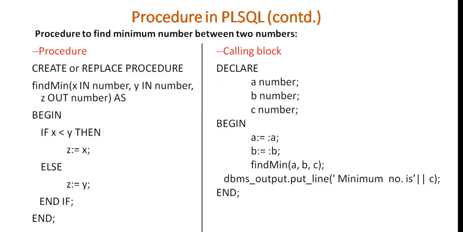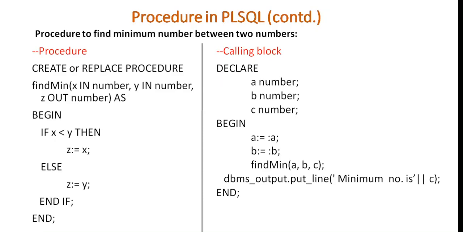End of block. Whenever we first execute this particular block, whenever the name of the procedure is encountered inside the block, that is find mean a, b, c, then control gets transferred to the find mean procedure. The a is given as the x input, b is given as the y input, and c is treated as the z output parameter.